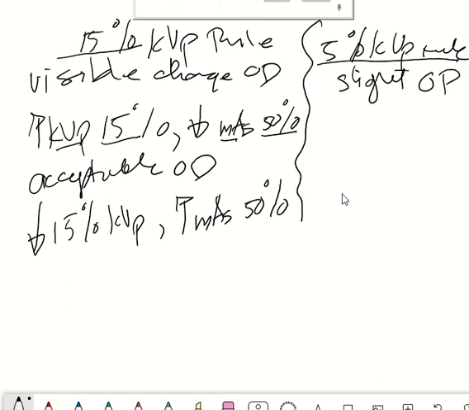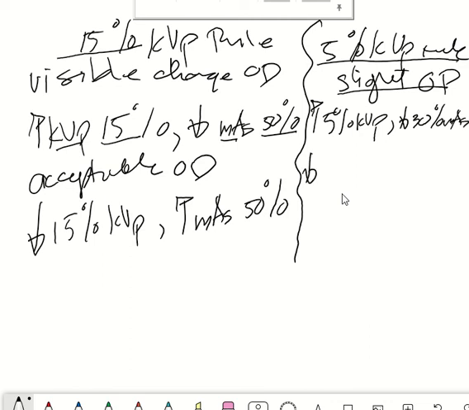Dito naman, sa 5%, so konti lang yung change na gusto mo. If you increase the kVp by 5%, MAS should be decreased by 30%. Okay?